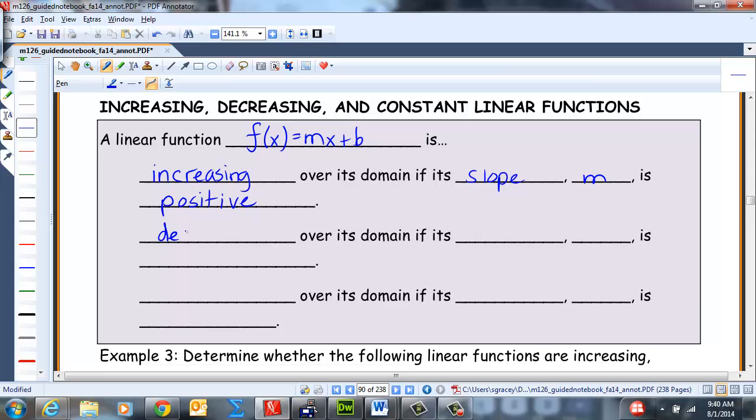You'll be decreasing if you have a negative slope. And then you'll be constant over the domain if the slope is, good, 0. So if you have a horizontal line, it's a constant linear function.